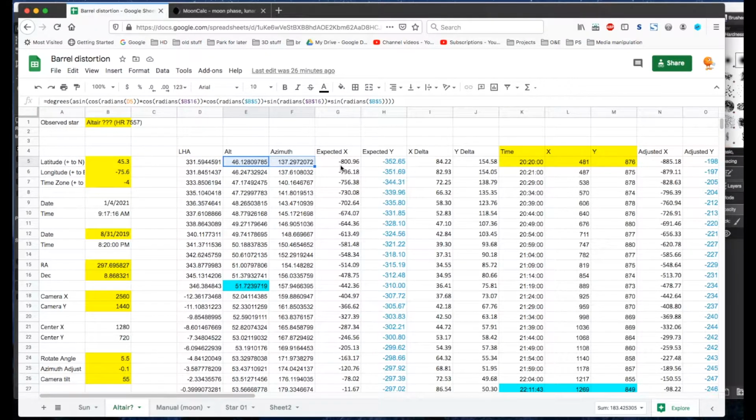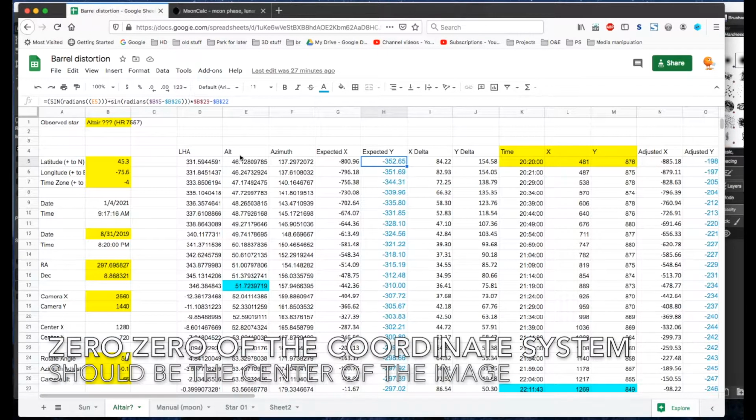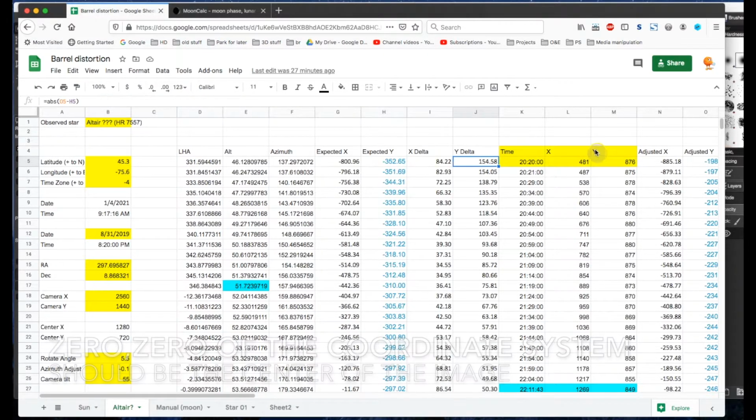At that point, I tried to project where on the image it should be. I use the Cartesian coordinate system, so anything less than 180 azimuth would be a negative x value. Anything above my camera's altitude would be a positive y value, etc. After taking the coordinates in the image and turning them into a Cartesian coordinate system, I then subtracted the one from the other, and then I got an x delta, y delta.